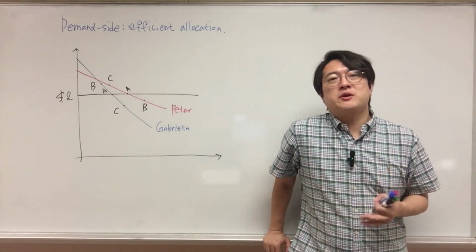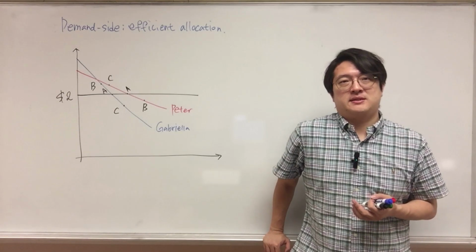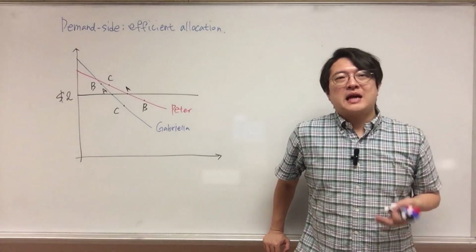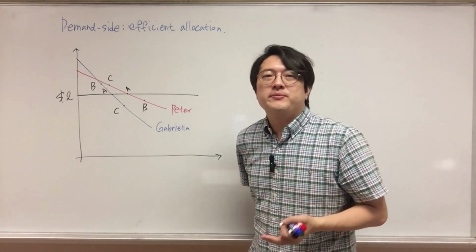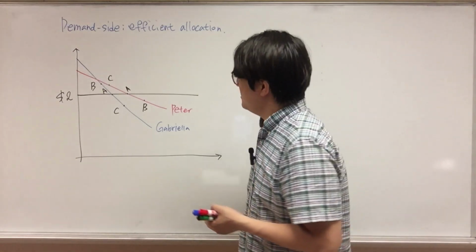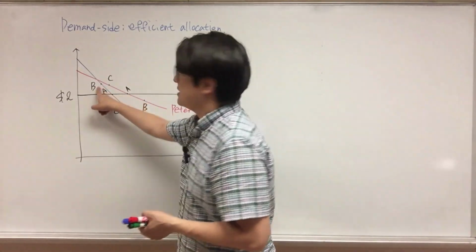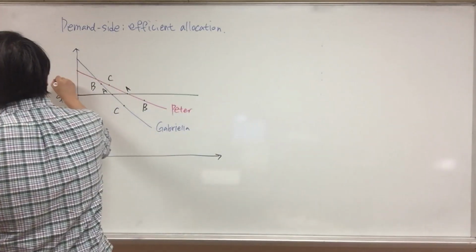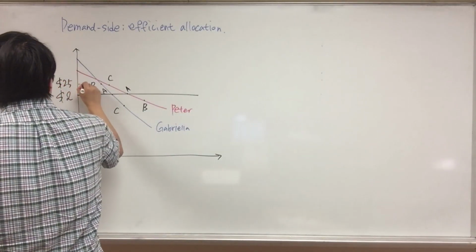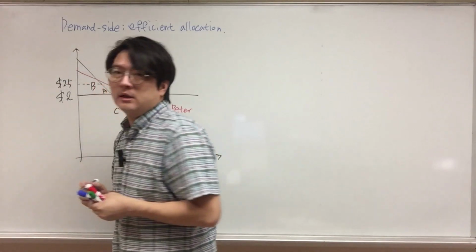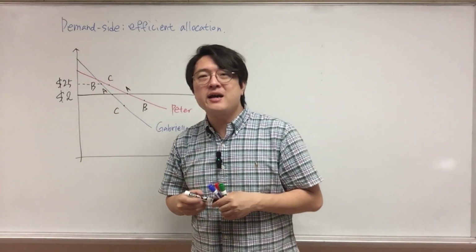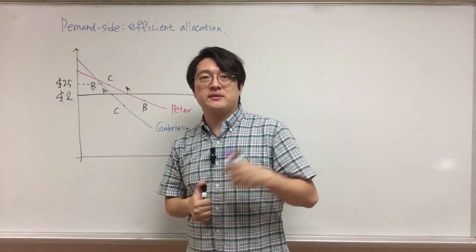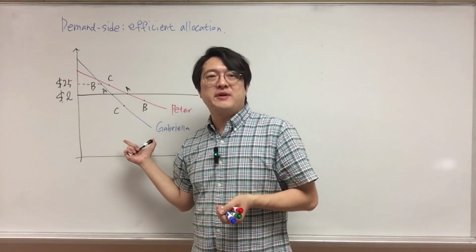When Gabriel and Peters are in the demand for the tomato in the market, we will see which one will be most efficient. So if Gabriel wants to have the stuff at $2.5, which is the B point, he gets the higher marginal benefits at this $2.5.